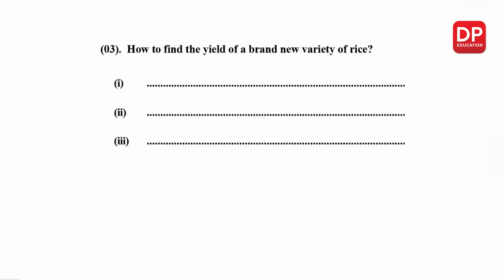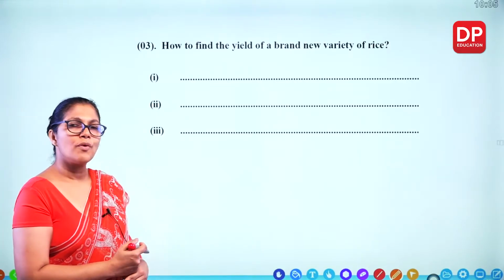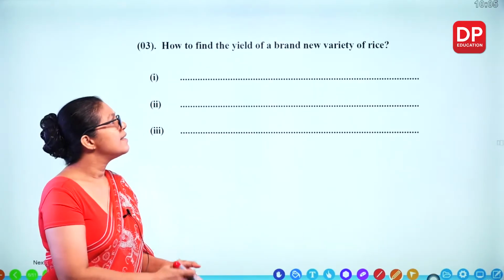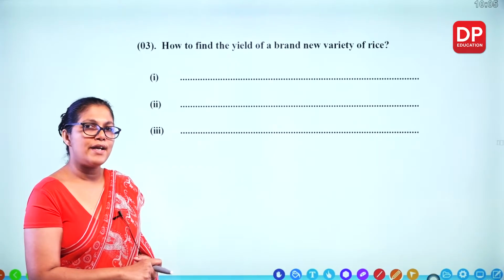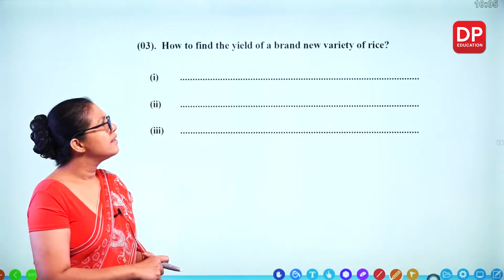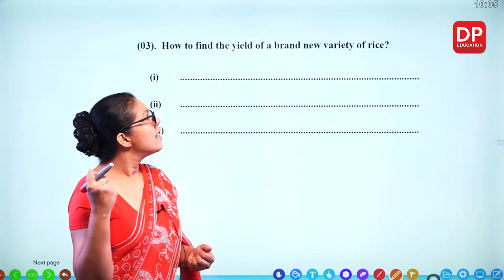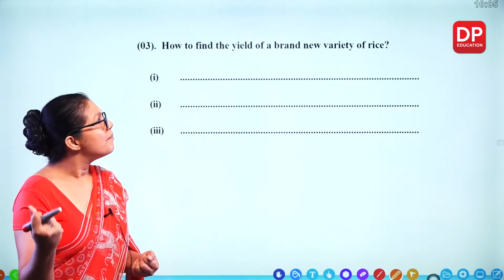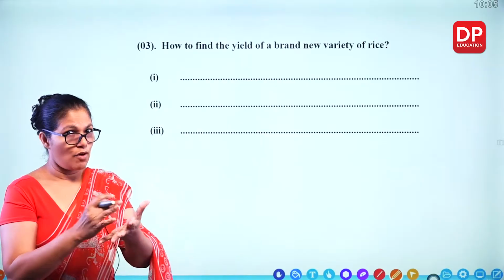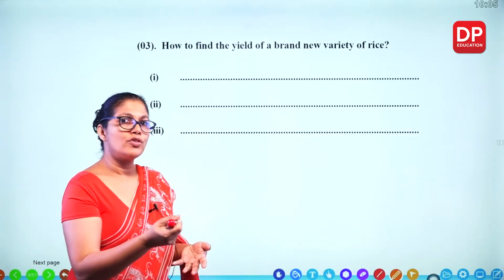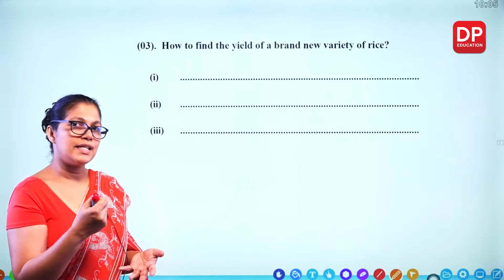How to find out the yield of a brand new variety of rice? So what we can do? You have to select an area in the paddy field. Then you can first measure the quantity of the paddy, and you can sow the paddy in the field.